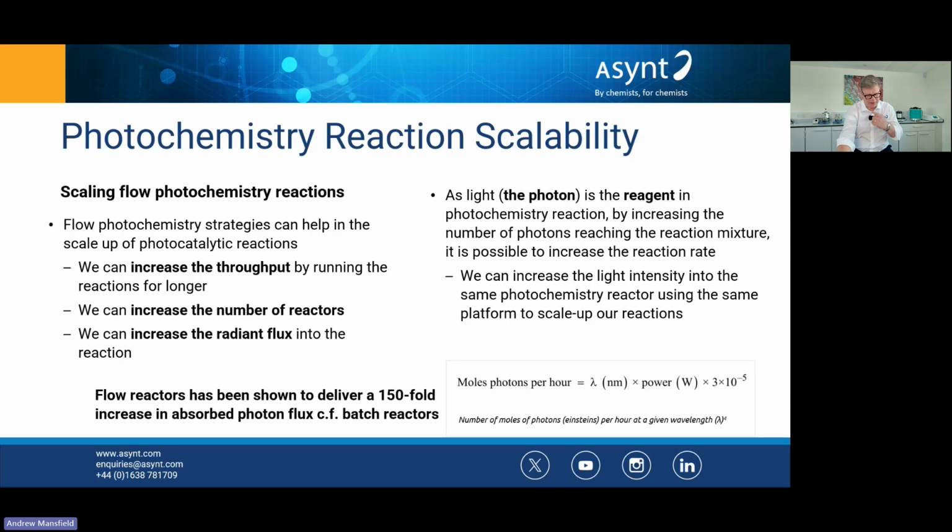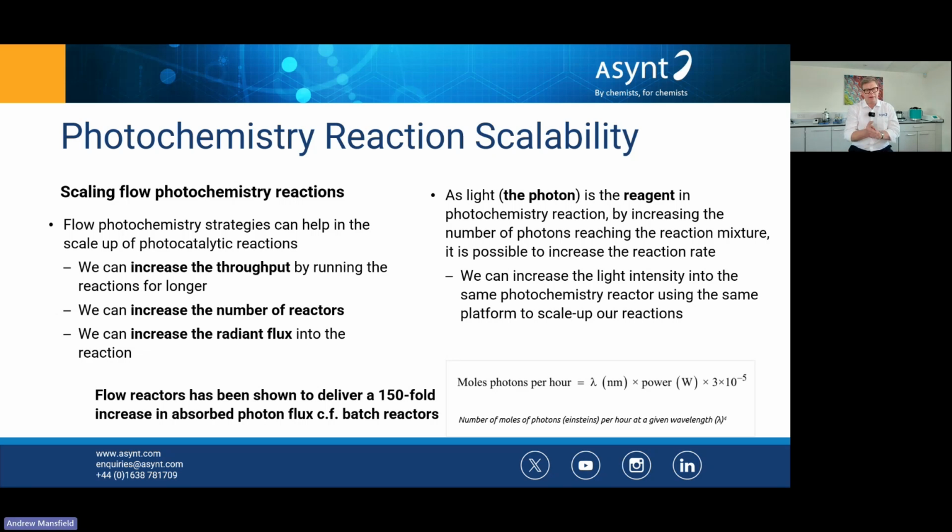Really nice examples of these in the literature. So I'm not going to run through any chemistry today. This is really just an introduction to photochemistry and modern reactors. A cursory look at photochemical reactions on any search engine will give you some excellent examples, and we may cover that in another session.